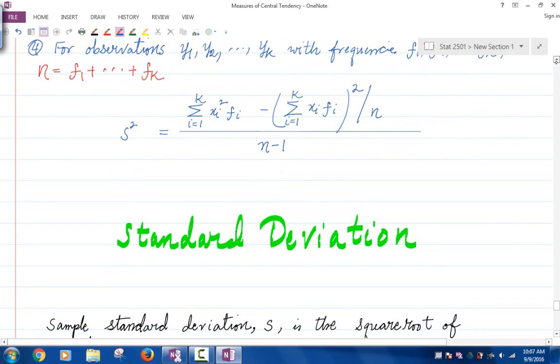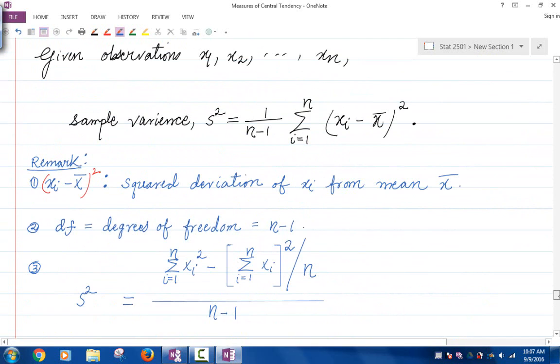If you look at the first formula that I gave you for the variance, it is giving you the average of the squared deviations of the observations from the sample mean.